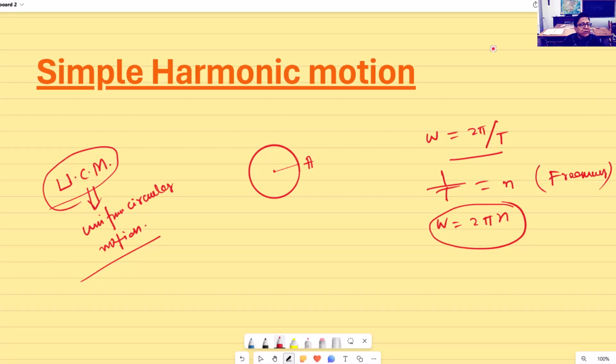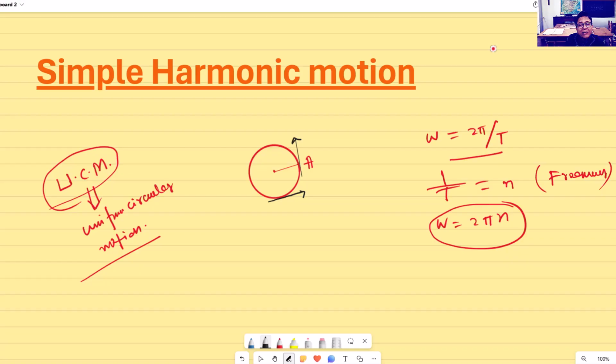In uniform circular motion, the position of the particle changes continually. The direction of velocity also changes, but the magnitude of velocity will remain the same.